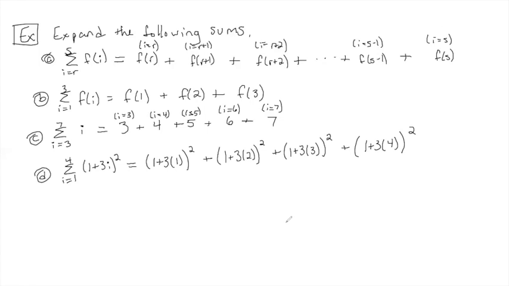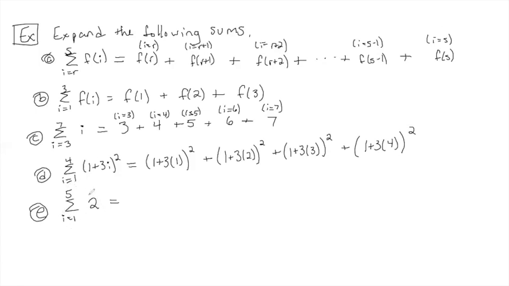Oh, sorry, one more. This one is a little bit trickier, I think, if you haven't seen something like it. So let's say i equals 1 to 5, and the inside is just 2. Now let's think about what this means. All I have to do, just like in any other case, is take i equals 1 and plug it into the function.